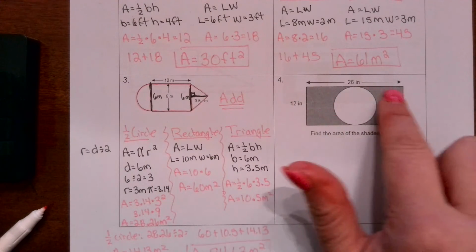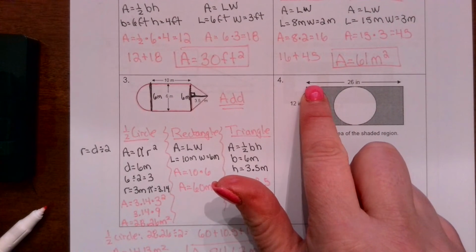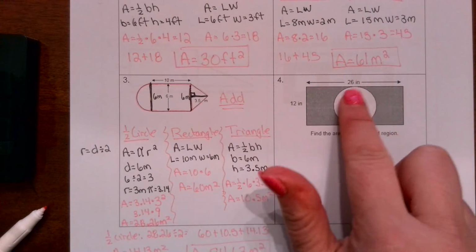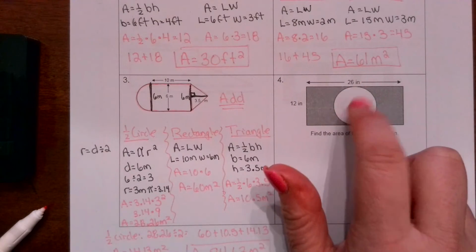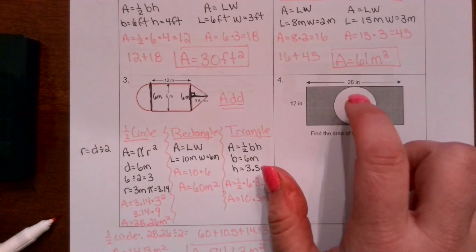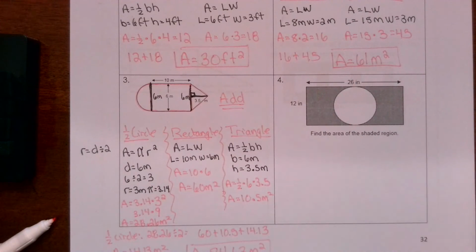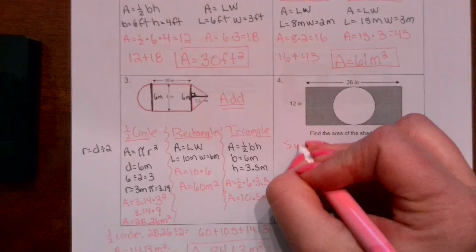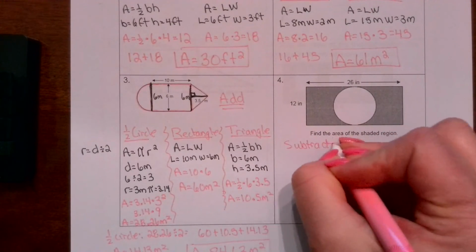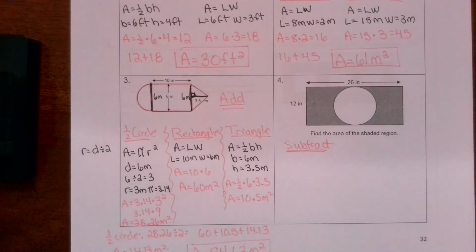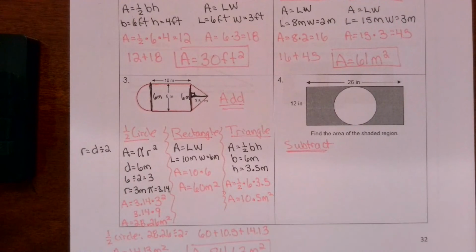And it looks like it could be as simple as finding a rectangle, right? But I have a circle cut out, and this circle is not shaded. Because I want part of this rectangle area to be out, this is going to be a situation where I will be subtracting. So this is an example of when I subtract using my area.